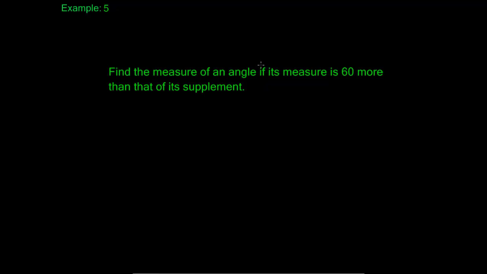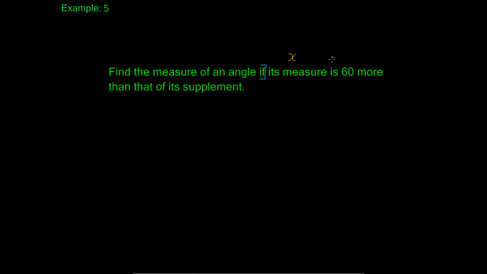Right here, this is the cutoff. All of this is just asking us what to find. It's telling us to find the measure of an angle. Now, if its measure, we're talking about an angle. This is before the word is. So we're going to put that in for an x. That's its measure. Is, the word is.